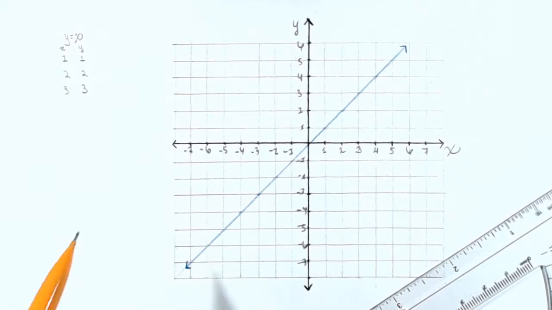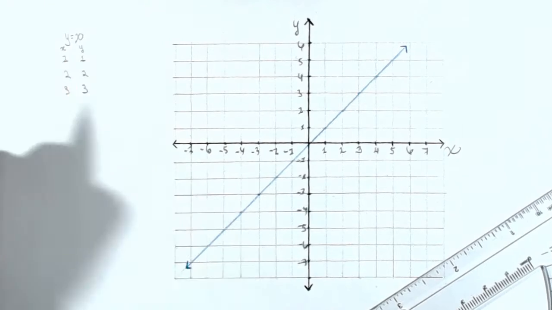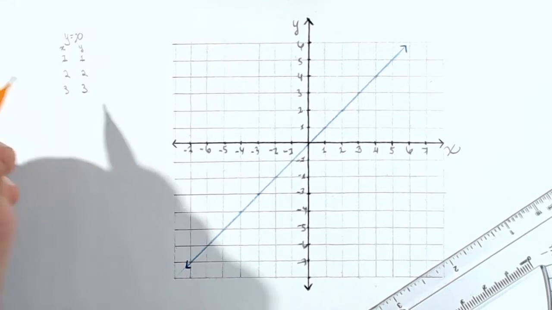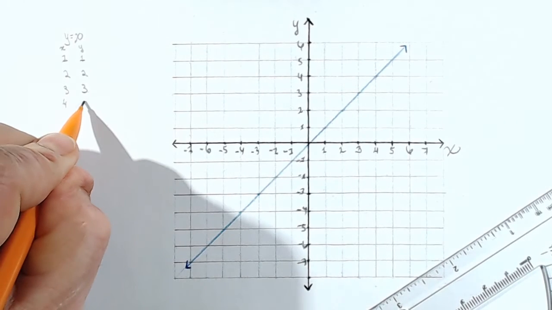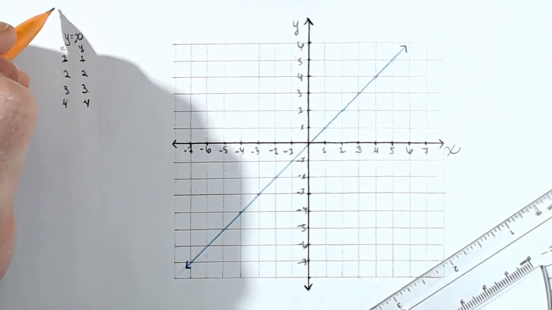What's happening to get from the x value to the y value? Well, x is being multiplied by 1. So 3 times 1 is 3. You can create more. 4 times 1 is 4. That's what's happening, because y equals x.